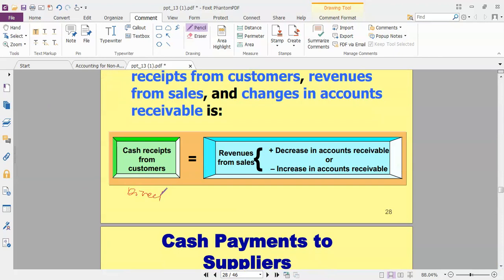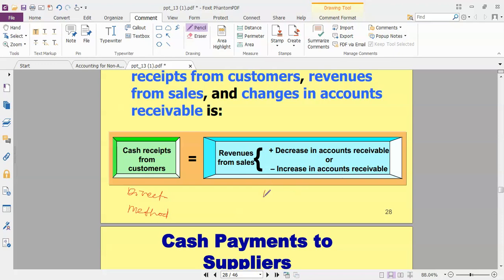If you notice, the difference between these two methods is at the operating activities. Cash received from customers is equal to revenues from sales, where you must add a decrease in account receivable, or minus when there is an increase in account receivable.